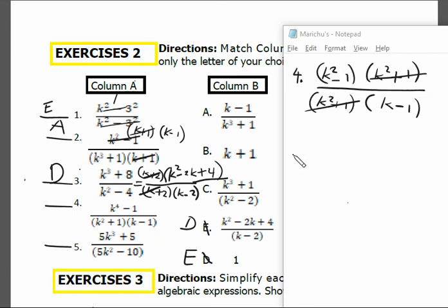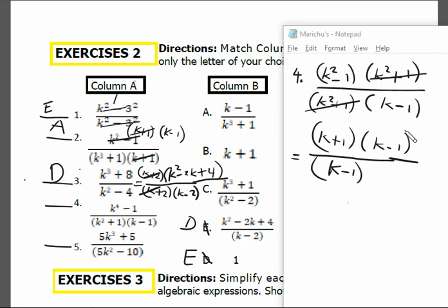It's not yet in simplified form, so still continue: k plus 1 and k minus 1. Copy the remaining expression k minus 1, and we can cancel this. So we end up with k plus 1, and it's letter B.